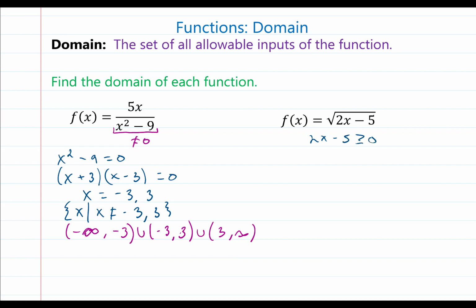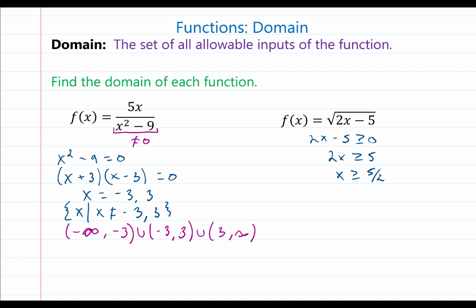If it's less than 0, then again what we have is a complex number. We solve this inequality by adding 5 to both sides, so we have 2x is greater than or equal to 5, and then dividing by 2, so we have x is greater than or equal to 5 halves. So we have defined x to be a value that is either equal to 5 halves or greater than 5 halves, but it cannot be less than 5 halves.